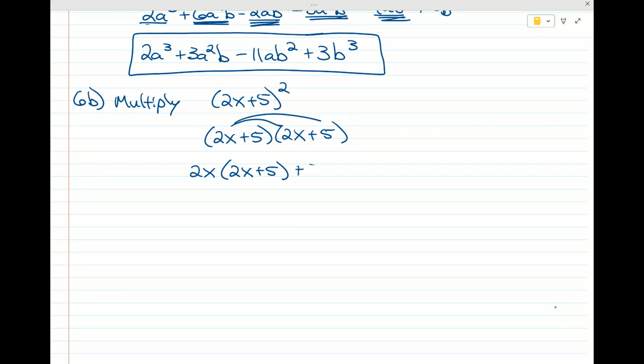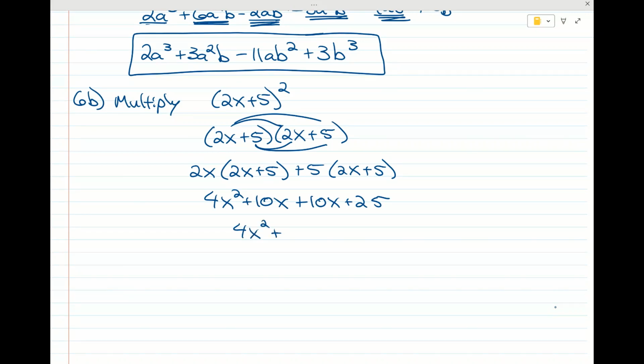And then we'll do 5 times 2x plus 5. And then combine our like terms. So this will give us 4x squared plus 10x plus 10x plus 25. Or combined, we get 4x squared plus 20x plus 25.